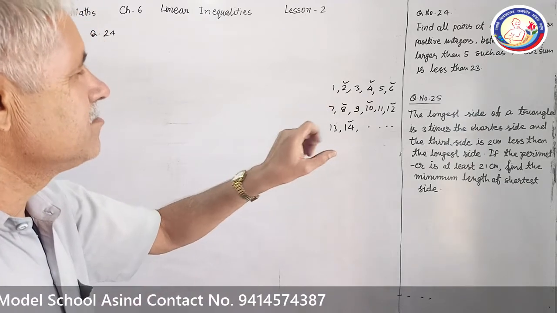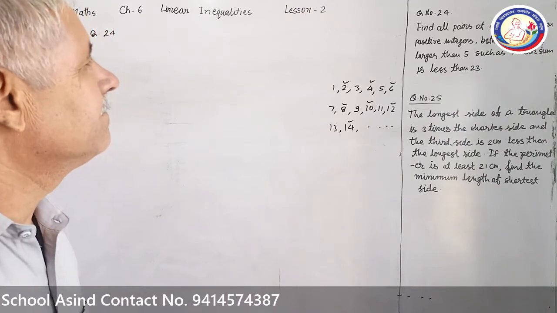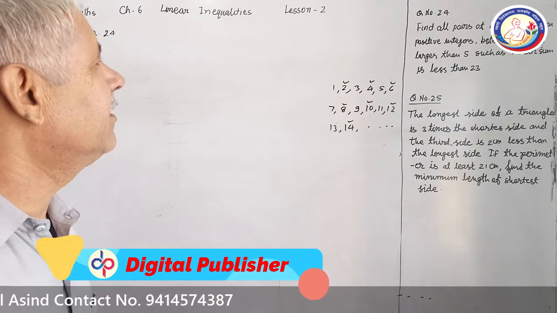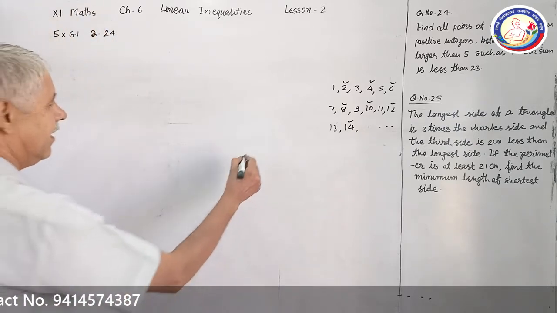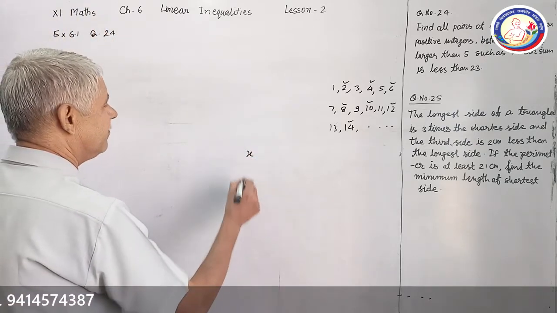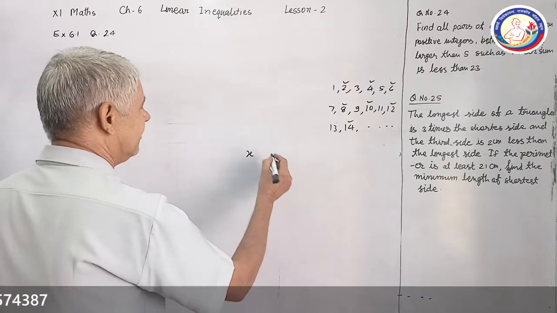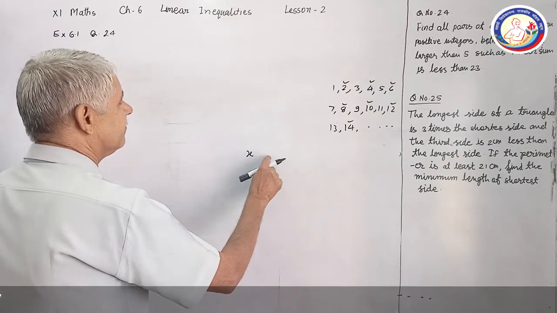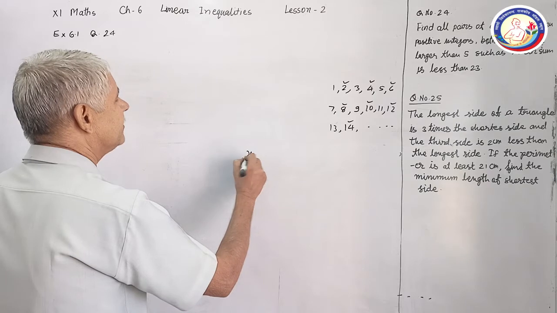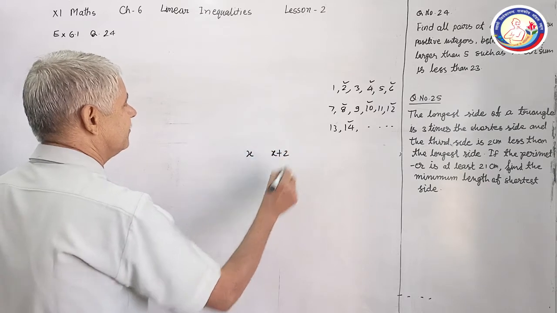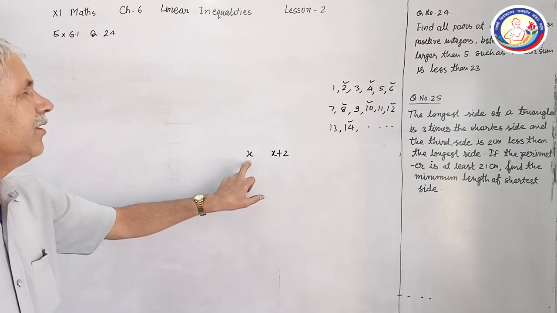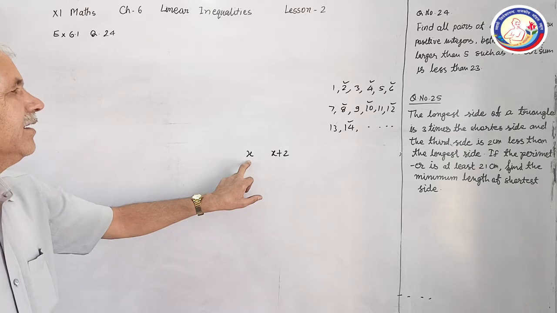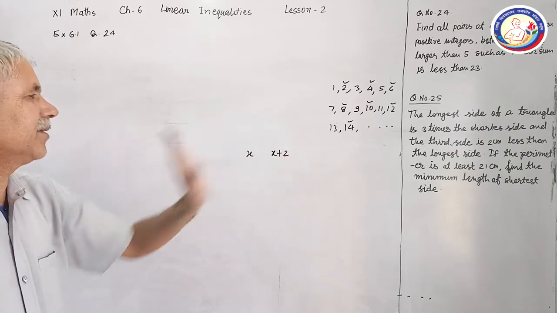I will imagine that the first even number is x. Then the next even number will be greater than x by 2, so this will be x plus 2. If the first even number is x, it means the value of x may be 2, 4, 6, 8, 10, 12, 14, 16, etc.